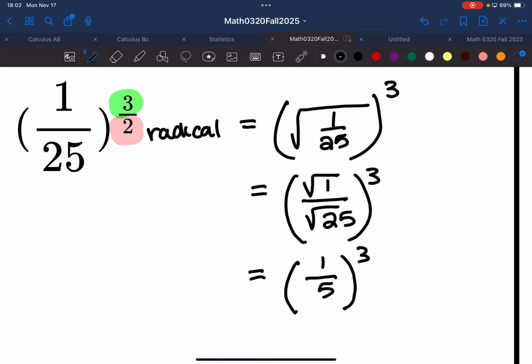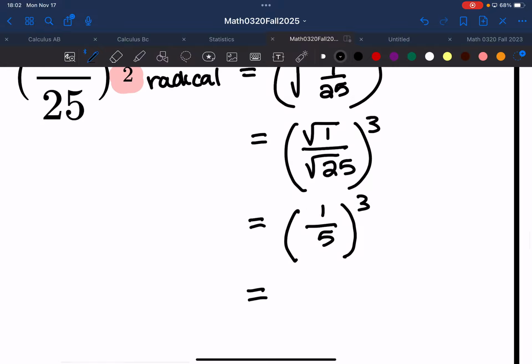Well, just like I could give the square root to both the top and bottom, I can also give that exponent to both the top and bottom. So this is the same as saying 1 cubed over 5 cubed. Okay, what's 1 cubed? 1, remember it's 1 times 1 times 1. And what is 5 cubed? 75.